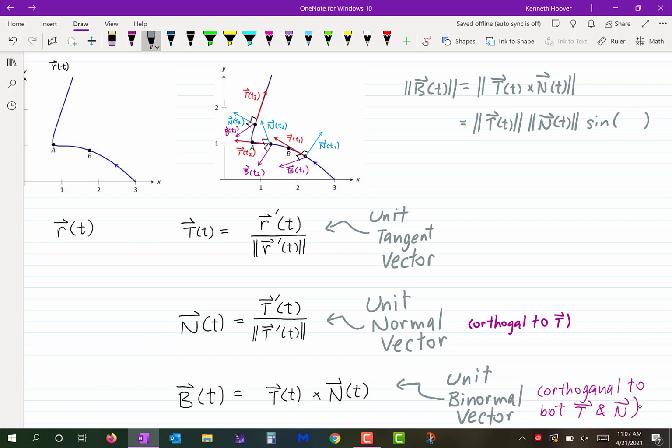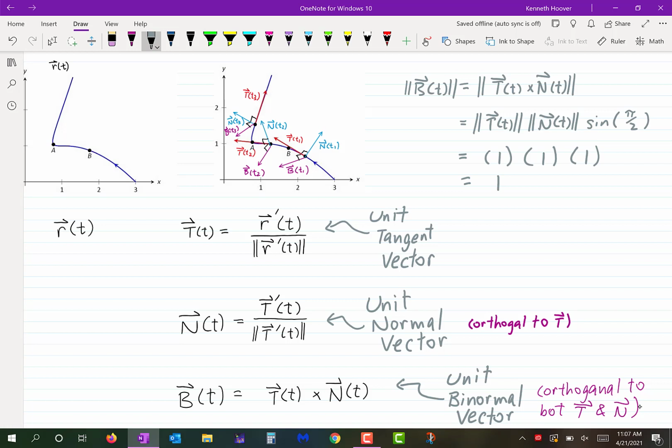Well, they're orthogonal to each other, so the angle between them is pi over 2. The unit tangent vector has a length of 1. The unit normal vector has a length of 1. And the sine of pi over 2 is 1. And so you automatically come out with a magnitude of 1.